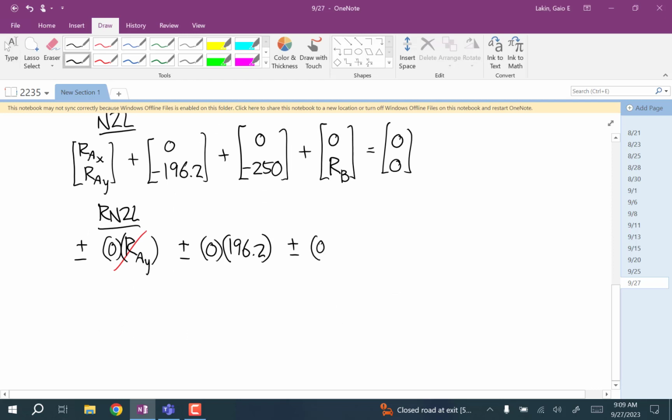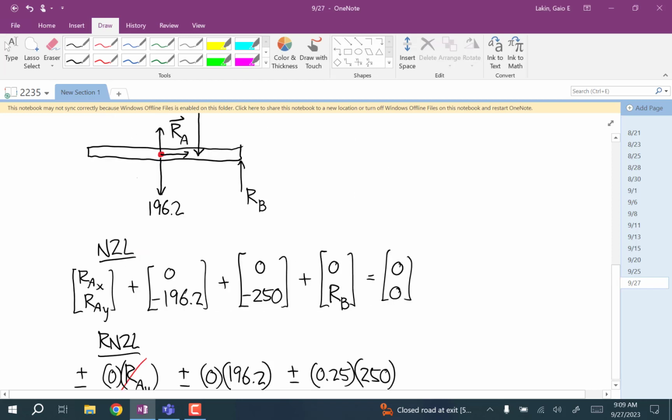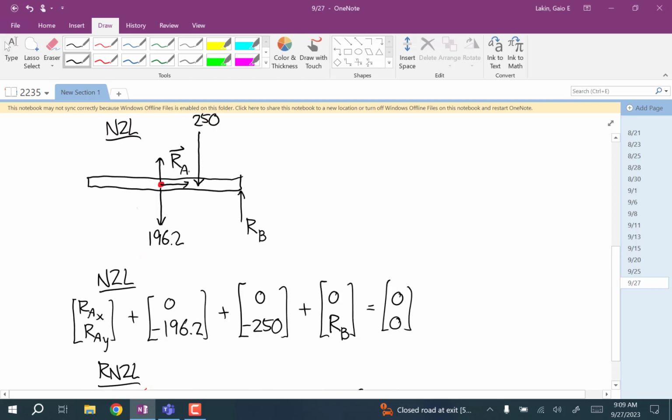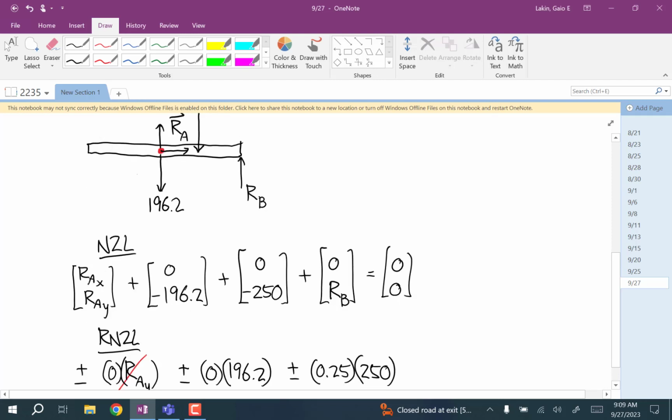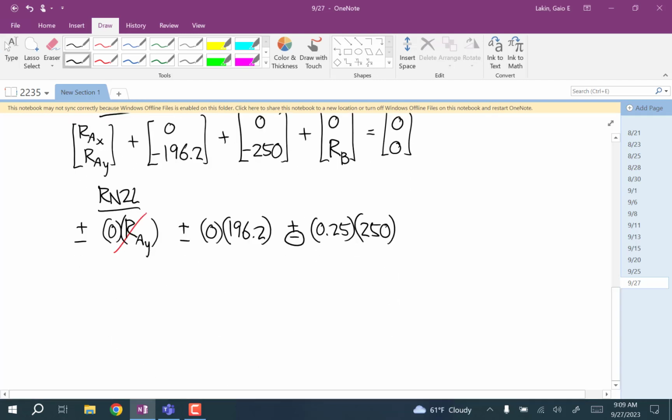So plus or minus 0.25 times 250. Notice I'm putting all of these forces and distances in as positive, and then I'm just intuitively looking to see what rotation it would cause. Would this produce a clockwise or counterclockwise rotation around that hinge? Clockwise, so this is negative.